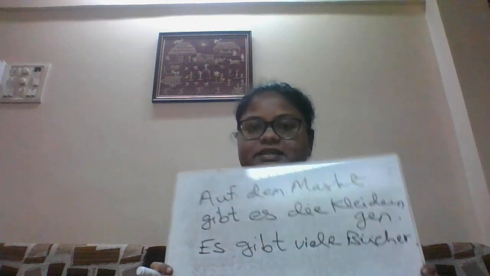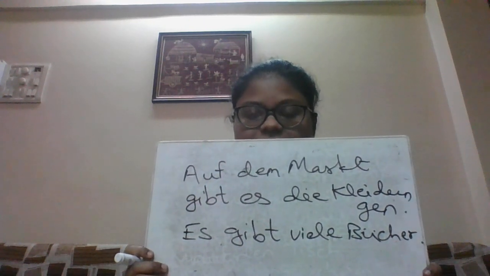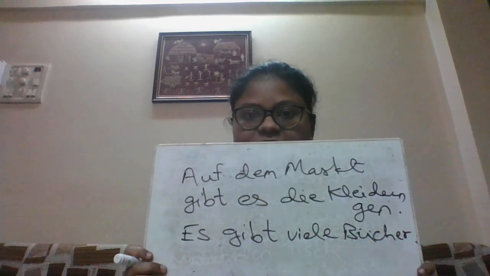And remember, when we use es gibt, for example, es gibt viele Bücher. Es gibt viele Sprachen. Es gibt means there are. So this es gibt always follows the accusative case. So for example, in this sentence, auf dem Markt gibt es die Kleidungen, why is it die Kleidungen in the accusative case?